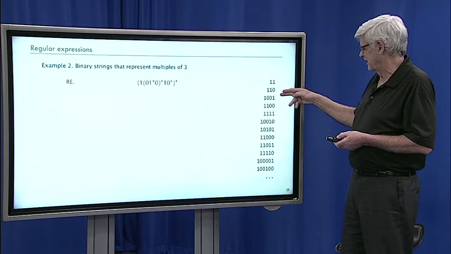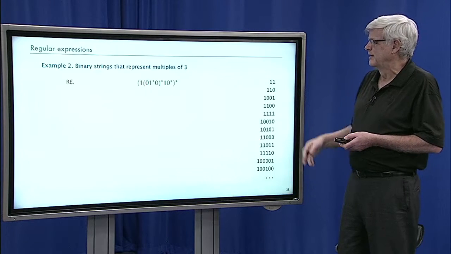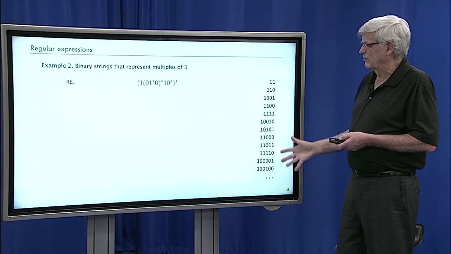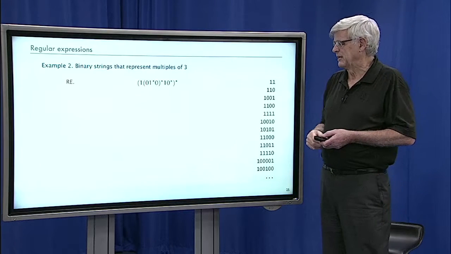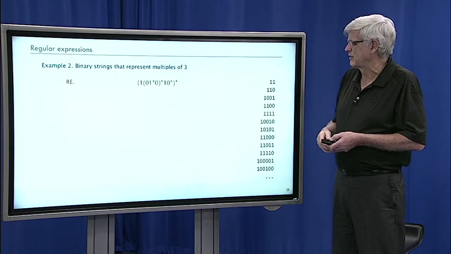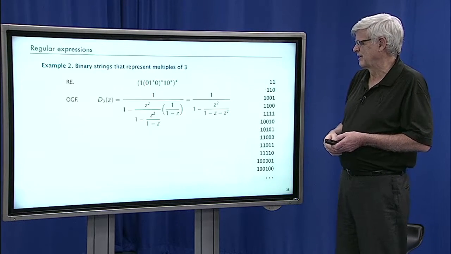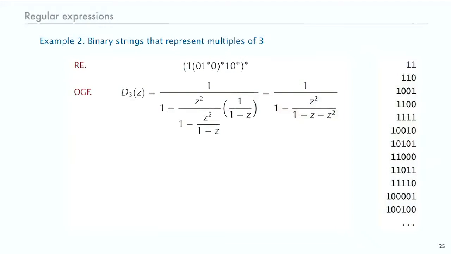This is 3, 6, 9, 12, 15, and so forth. So how many binary strings represent multiples of 3? Well, we can just apply the theorem to that regular expression, and we get this rational function that after a while we can simplify down to that simple ratio of two polynomials.